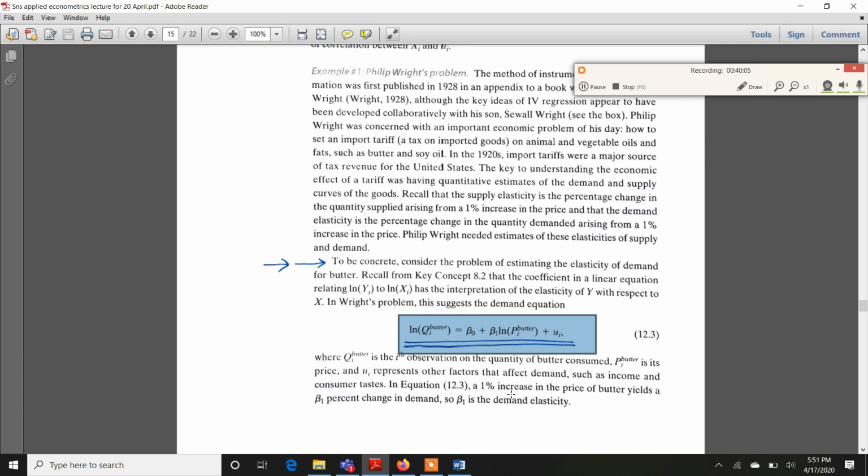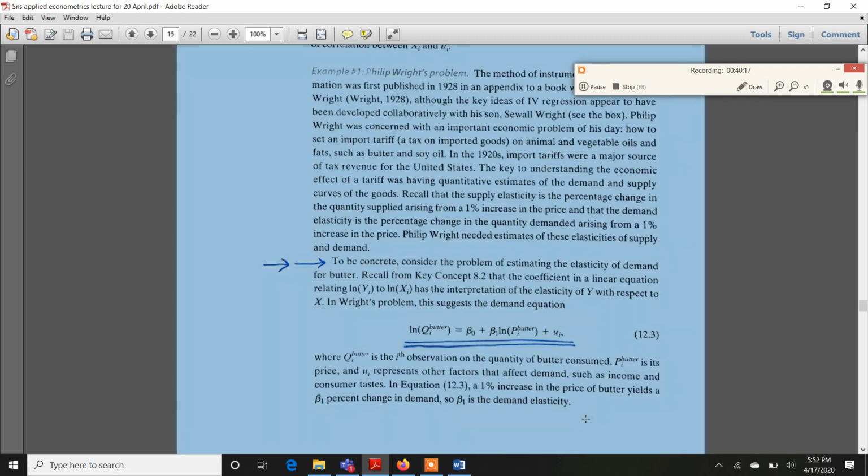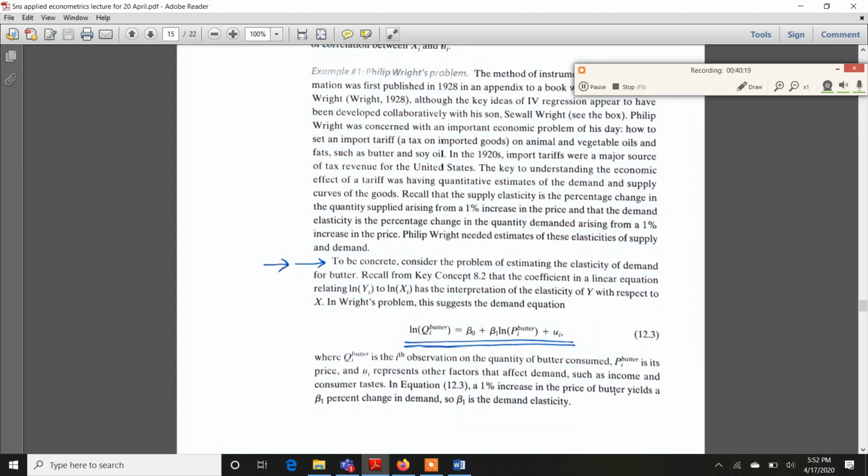A 1% increase in the price of butter yields a beta 1% change in demand. So in the terminology of economics, we call it demand elasticity, right? So beta 1 is the demand elasticity.